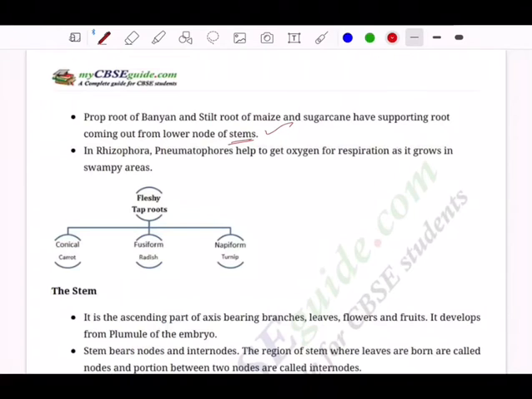In Rhizophora, pneumatophores help to get oxygen for respiration as it grows in swampy areas. So you remember this, Rhizophora and pneumatophores. So these are also root modifications. So fleshy taproot is divided into three: conical, example carrot; fusiform, example radish; napiform, turnip.